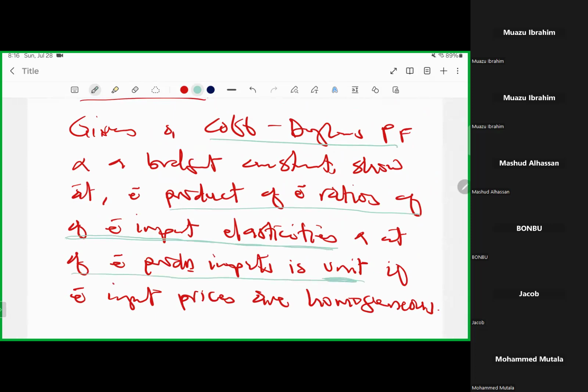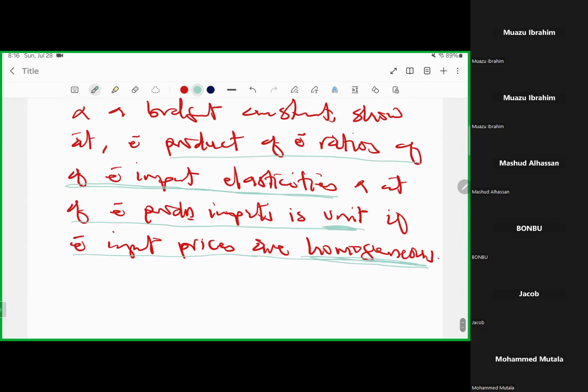One, if the input prices are homogeneous, and you know what homogeneous means. Last week or two we did it. Homogeneous means the same. So now, how do we solve this?